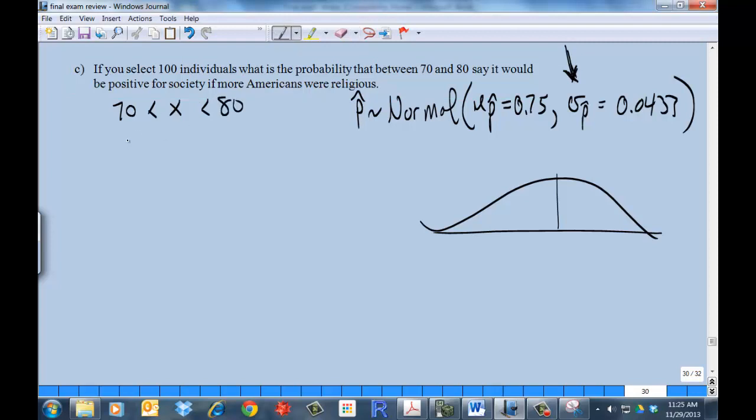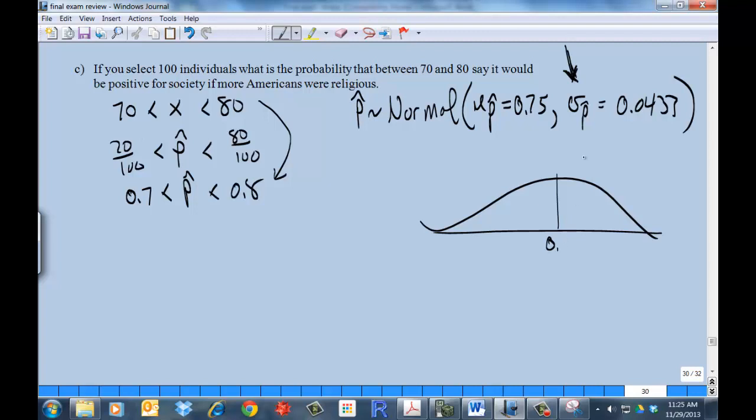That's the same thing as saying that p hat has to be greater than 70% and less than 80%. So we get 0.7 less than p hat less than 0.8. Again, saying that x is between 70 and 80 is the same thing as saying that p hat, the sample proportion, is between 70 and 80%, right? Because our sample is 100.